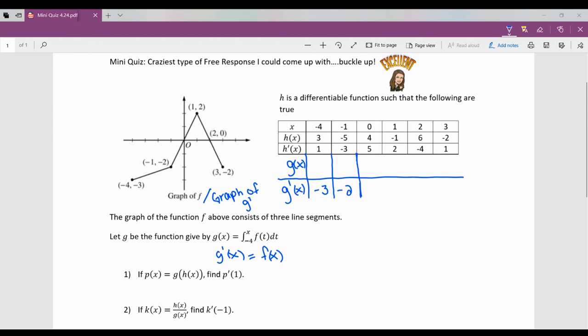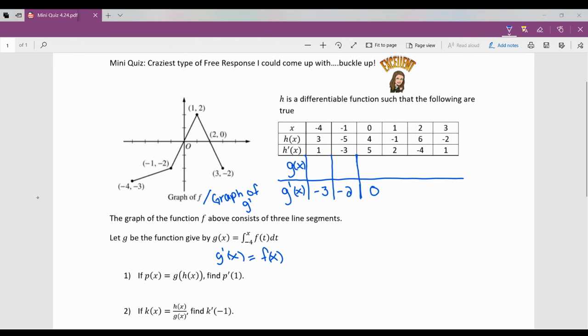For 0, the graph g prime is at 0. For 1, the graph is at 2. For 2, the graph is at 0. And for 3, the graph is at -2. So that is what g prime is, because g prime is the graph.